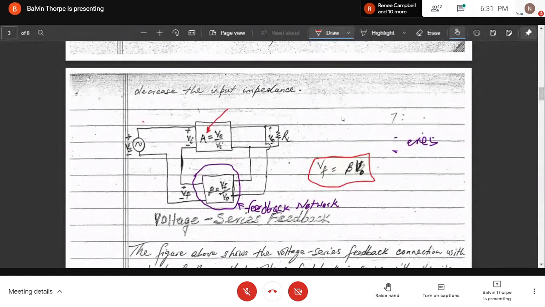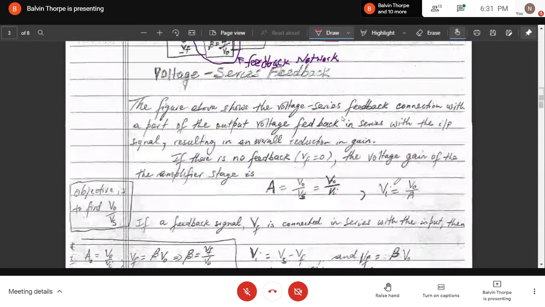Because all I did was just to find what VF was, which is the output voltage of the feedback network, just cross multiplying. The output voltage of the feedback network is VF equals beta VO. Okay?